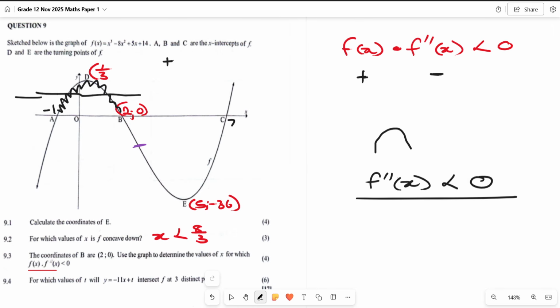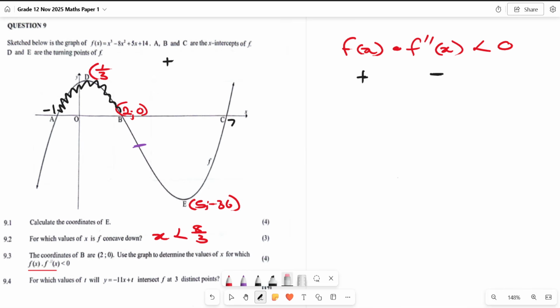Our graph is above, so just forget about what I was saying back there. Concave down is concave down, and it's above the x-axis. That is going to be one of the answers that we're going to use.